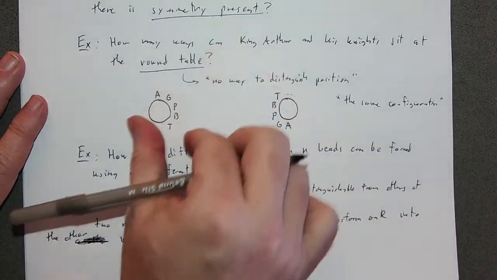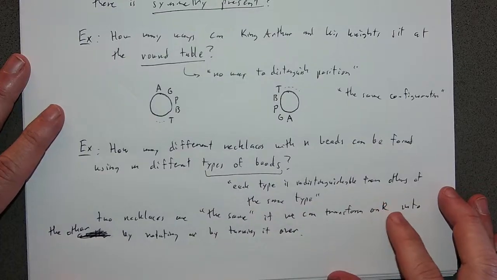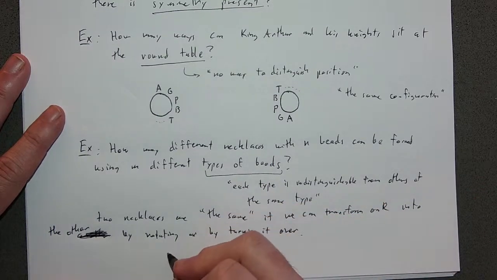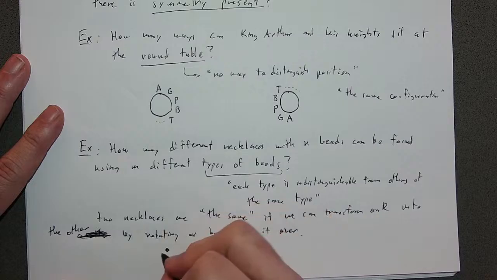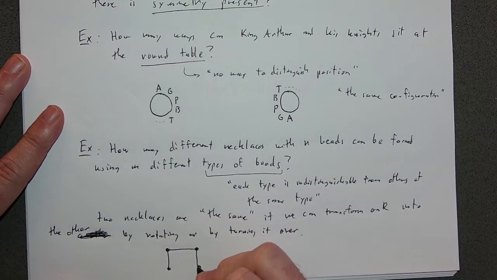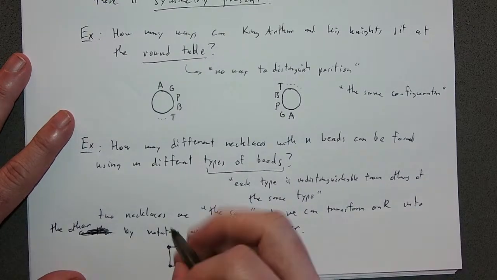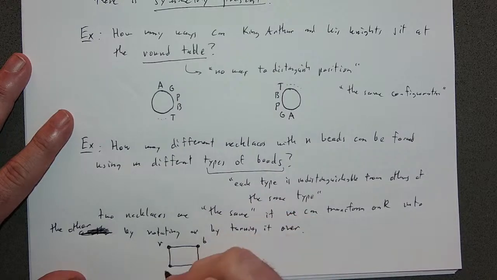The rotating bit we actually saw up here with Arthur at the round table. So let's see an example of this with a necklace. Let's say I've strung together a necklace and maybe this is what it looks like, and these vertices are the beads. Let's say that this is a red bead, this is a blue bead, this is a red bead, and this is a green bead.